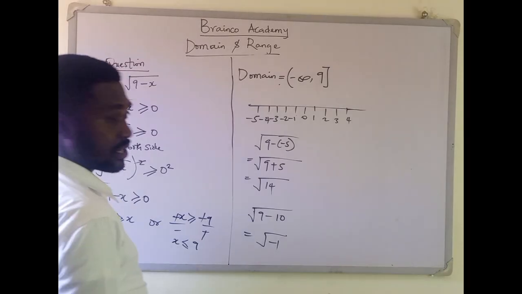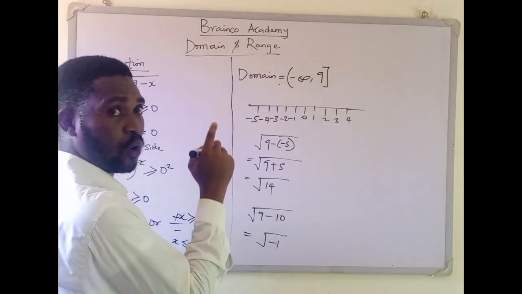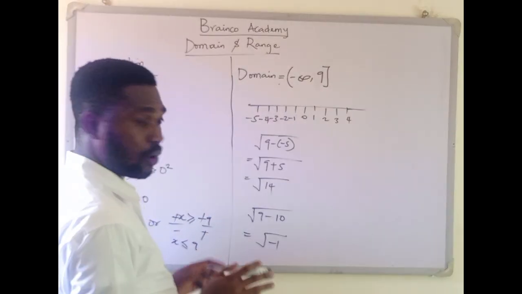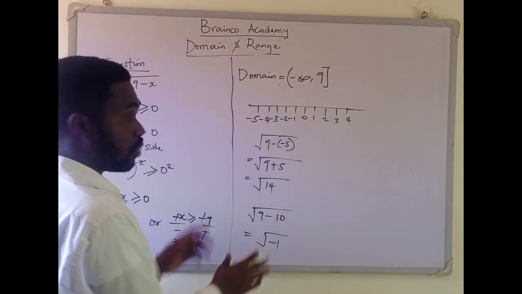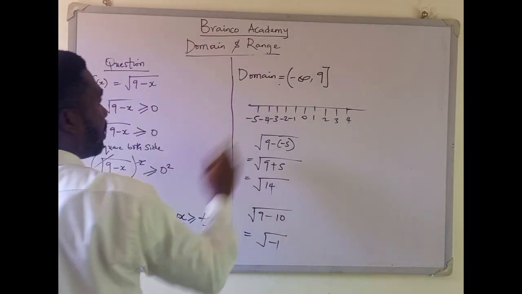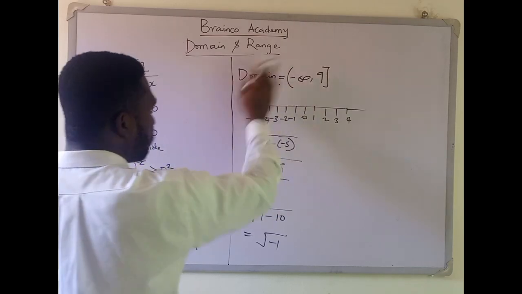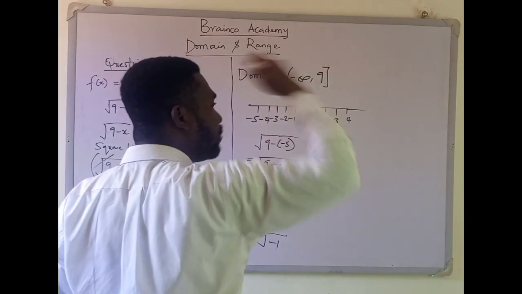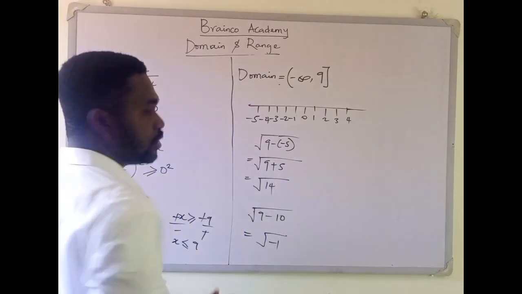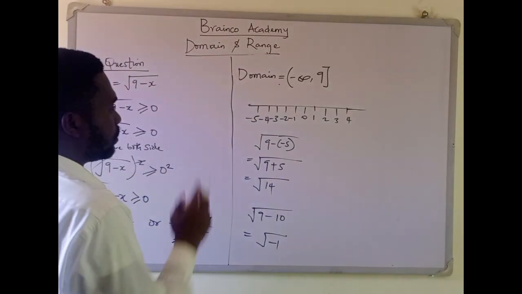You can't get the answer. If you punch it on the calculator, you have a math error, or this is a complex number. So it is not well defined. Any number from negative infinity up till 9, the function will be defined, but anything above 9, this function will not be defined. And that's why it is called the domain.